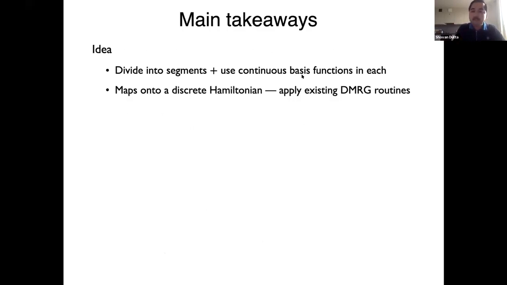And we use continuous basis functions inside each of the segments to model the local physics. And so if you use this sort of partitioning, then you can map the Hamiltonian into a discrete sum over these segments. And then it looks just like a Hubbard Hamiltonian. So in this partitioned form, you can actually tackle the Hamiltonian directly using existing DMRG routines. So that's the main idea.